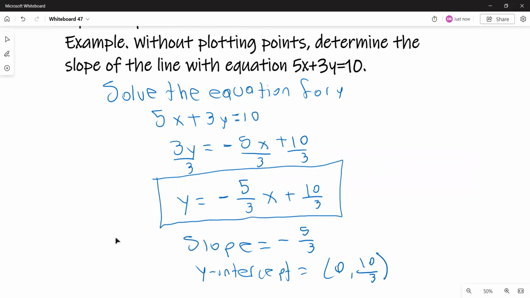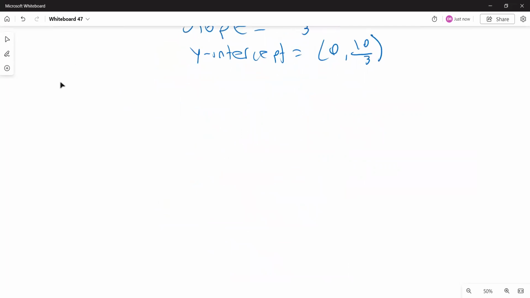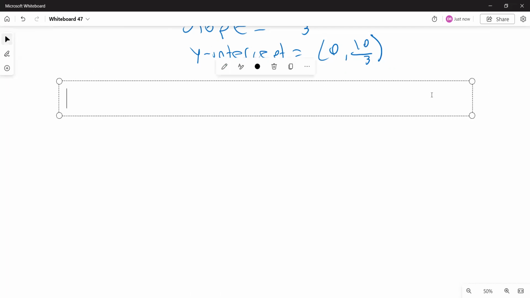So another situation is knowing one point, knowing any point, and the slope. So this is what we do next. Yeah, and this is why sometimes it's more convenient to plot checkpoints, because the y-intercept, in this case, involves fractions.